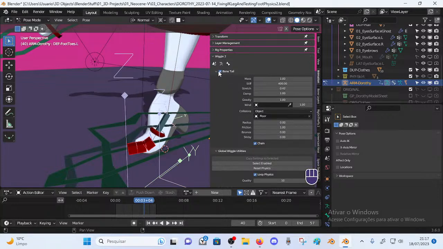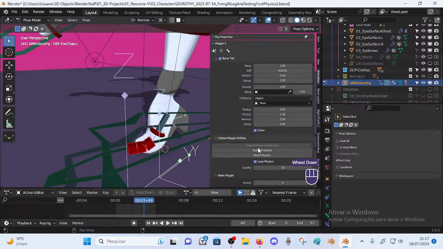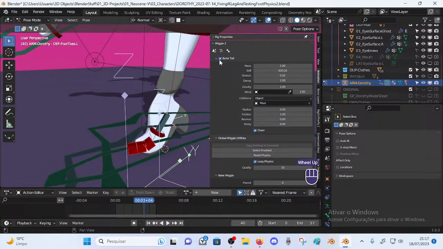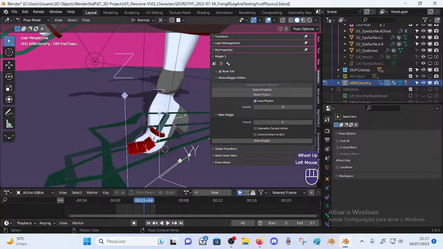And it's from the tail, the only option we get here because it is parented and connected to the foot toes bone. Then okay, chain. Loop physics is just for this in principle. Quality 10, this is a bit strange to find. And for the other one, it's nearly not necessary. Actually, it's not even activated.